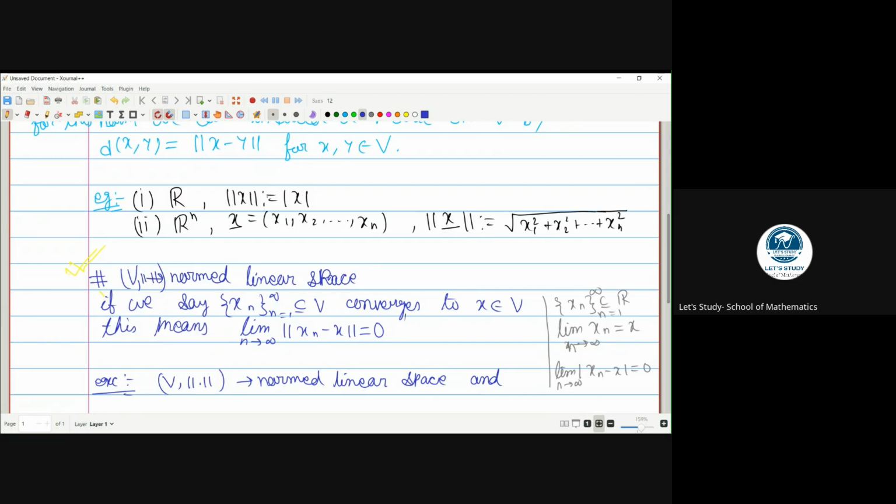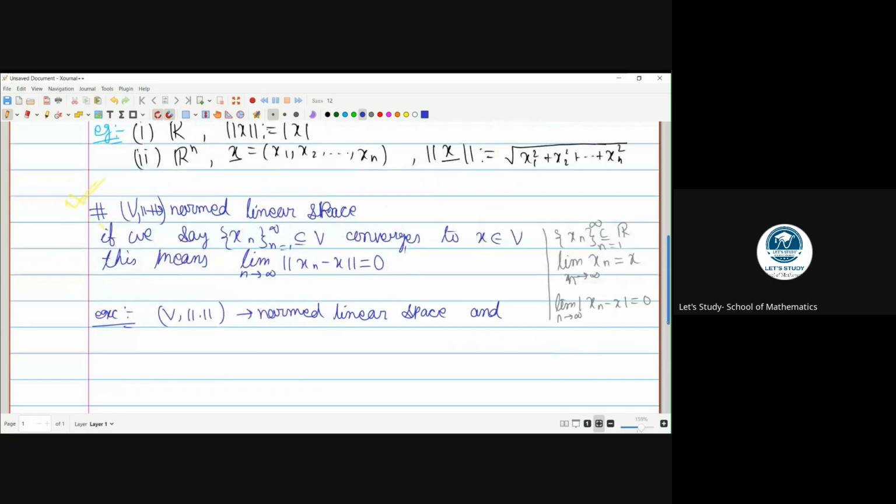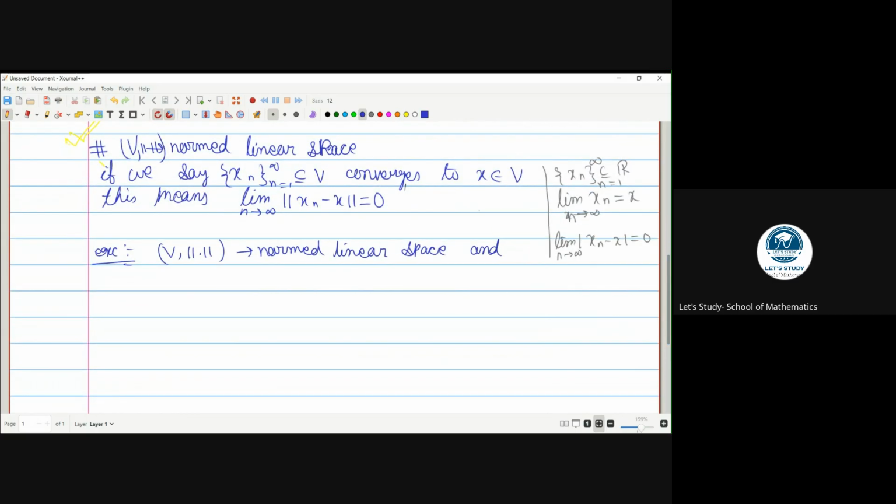Okay. Now, suppose xn converges to x and yn converges to y.